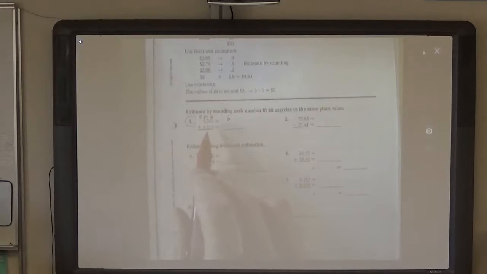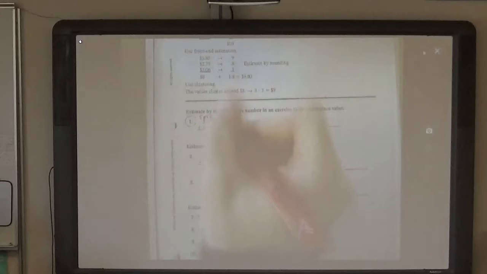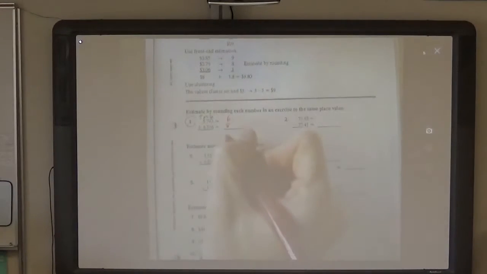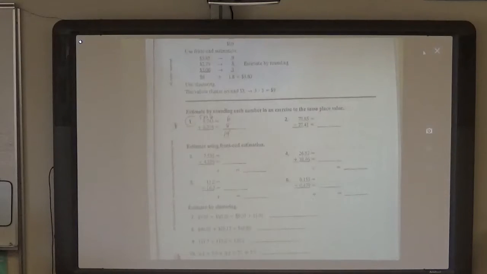What's 8.2? It's between 8 and 9, and it's closer to 8. So we're going to round it first. 6 plus 8 is 14. Very simple. This is called front-end estimation.